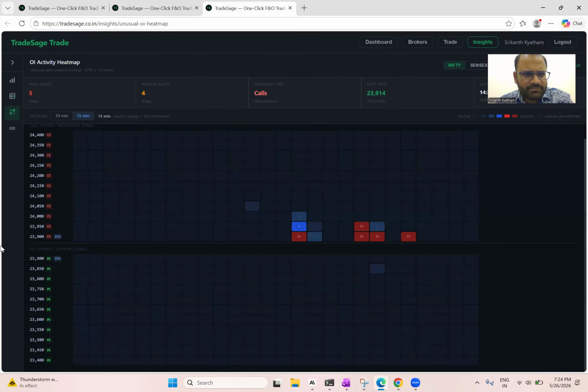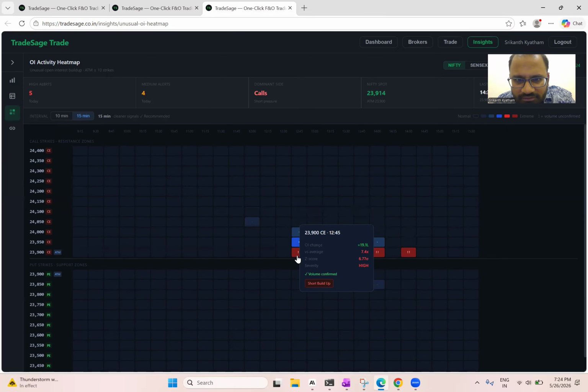This is another chart to look at. This is OI unusual activity. If you look, we've actually got 5 high alerts and 4 medium alerts, right? At what time is this? 12:45.